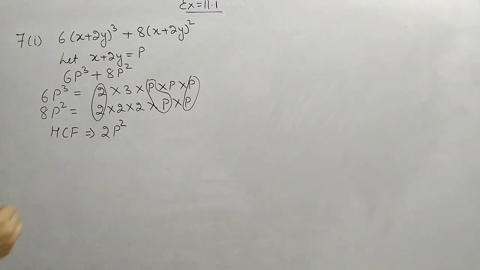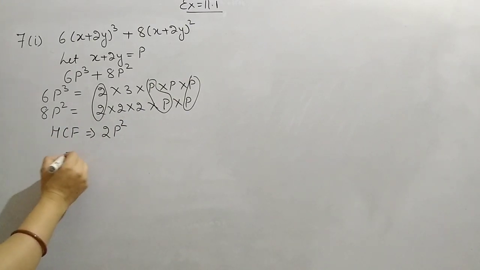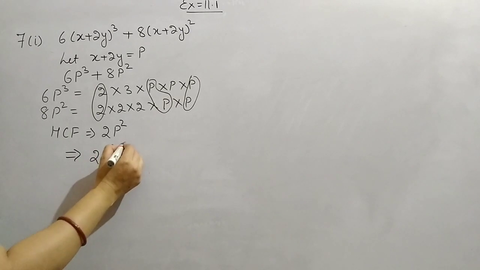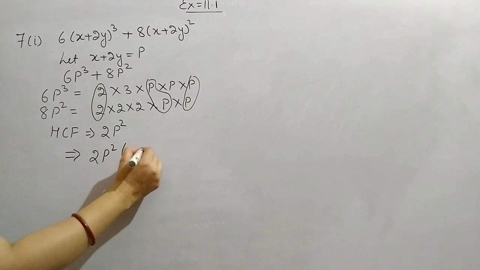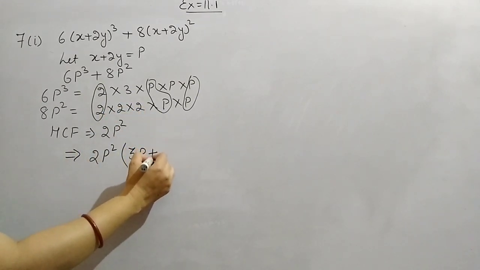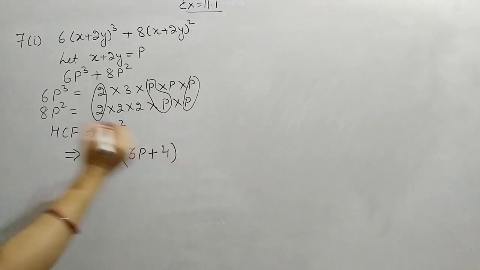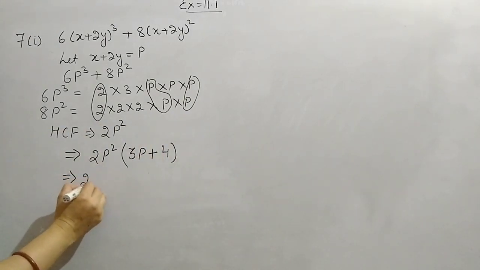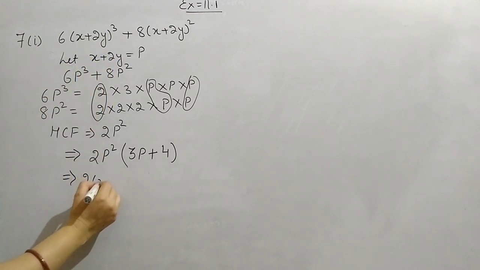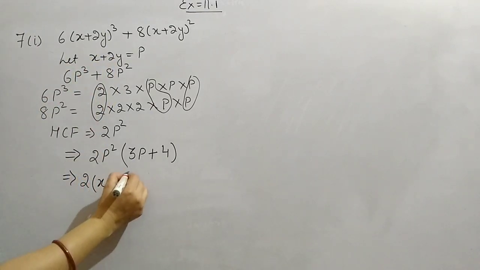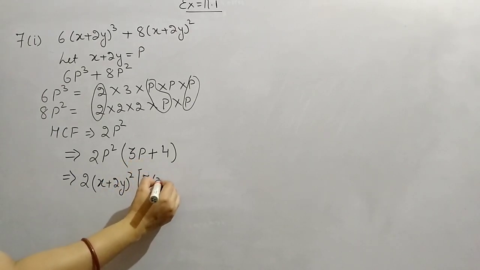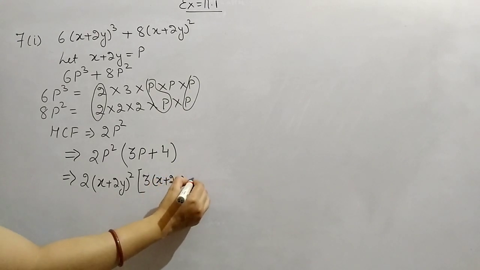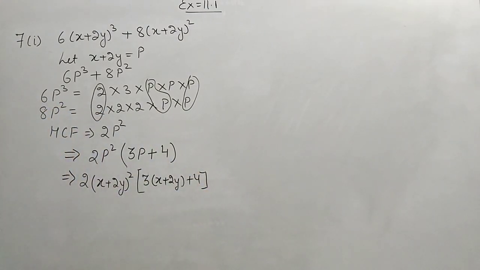So 2p square is the HCF here. The factors will be 2p square, the common term we have taken out. From the first term we have 3p. From the second term we have only 4. Now this p we can replace. 2p square is 2(x plus 2y) whole square, another bracket we have 3, and here also we have to replace p: 3(x plus 2y) plus 4. These are the factors of this.